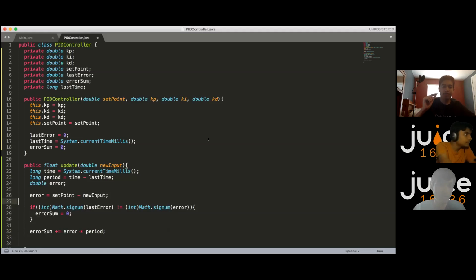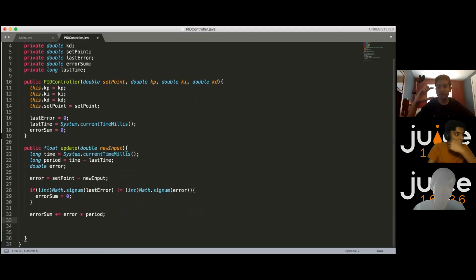So for every tick or every update, we'll be adding a very small sliver of the area underneath the error versus time curve, because we're using rectangles to approximate it. I know this is a confusing topic. If anyone has any questions, feel free to ask in the Slido Q&A. If that explanation doesn't make sense, I'm happy to rephrase it.